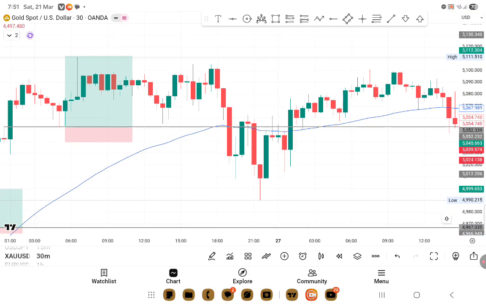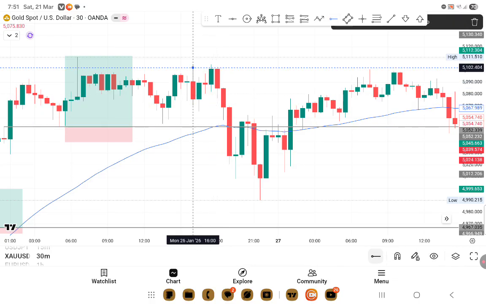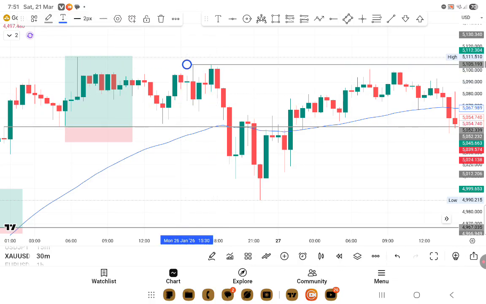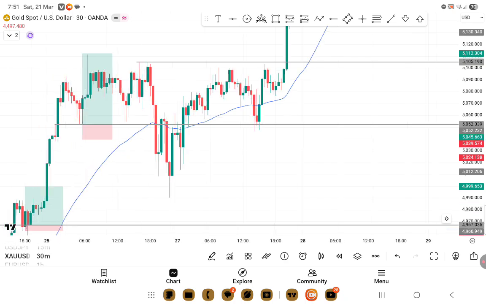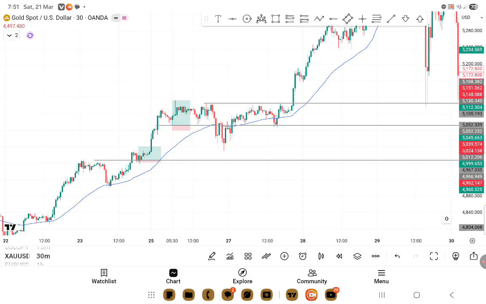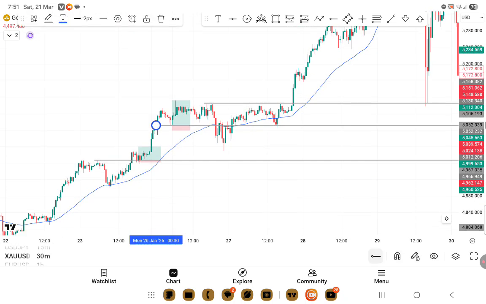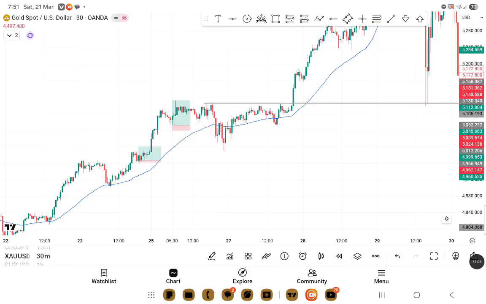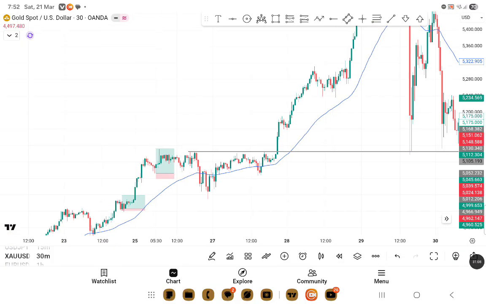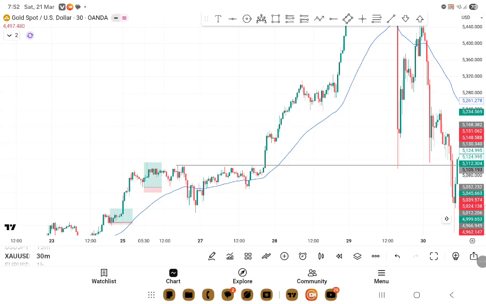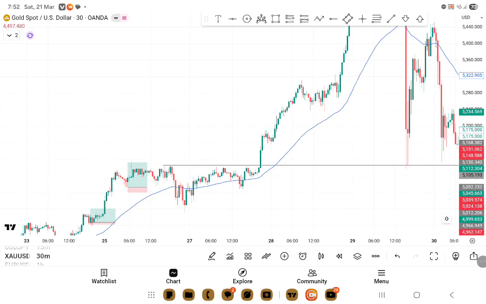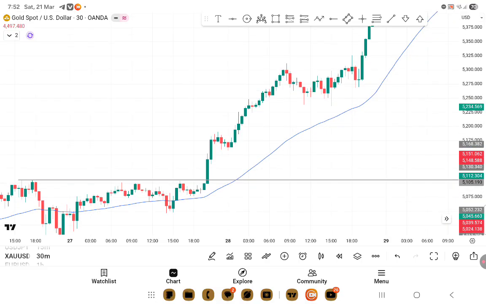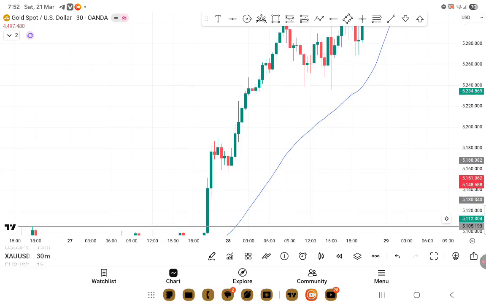And then nothing else popped up again. This is the wick. There's nobody that's closed above it. Okay, it happened though. Let me take this one out. Now it closed, it went up, it did not come back to it. So it was still giving us profit.